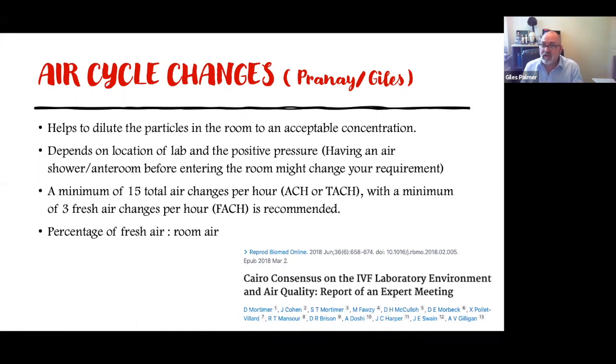So 15 air changes per hour, as we said, is in there. It does depend sometimes on whether you have an anteroom or an air shower before. This also affects your positive pressure. It doesn't have to be so high if you have this physical barrier. It's also an environmental barrier for not letting people come in and out of the lab. And finally, we are the worst contaminants in the lab.